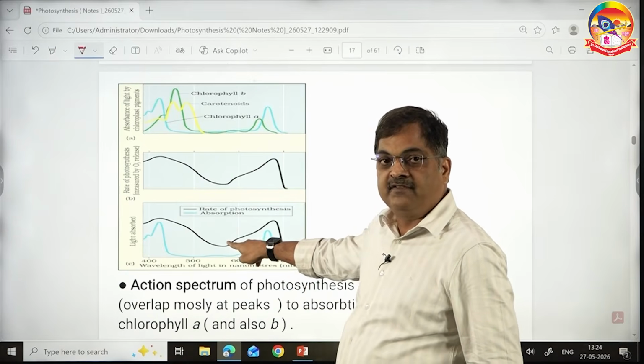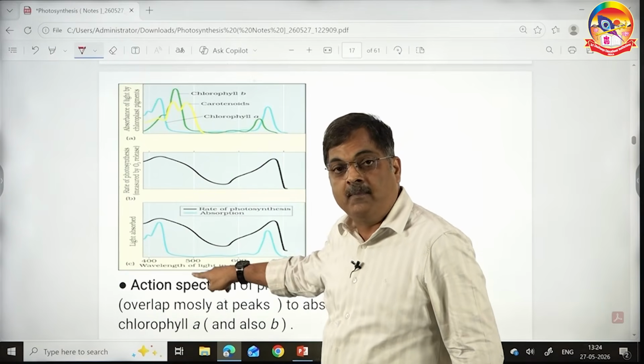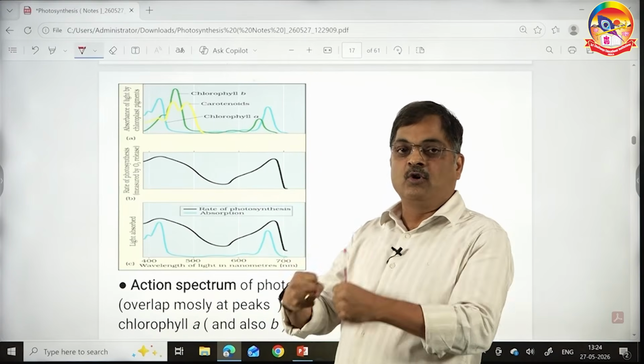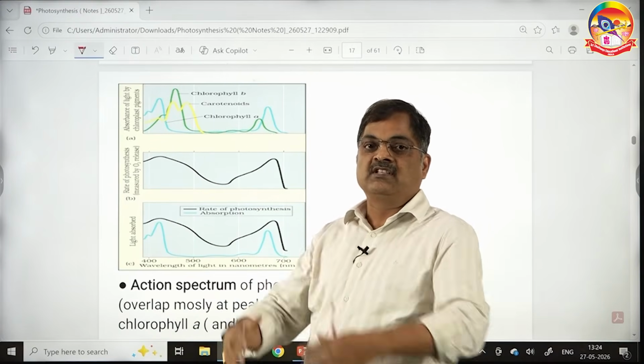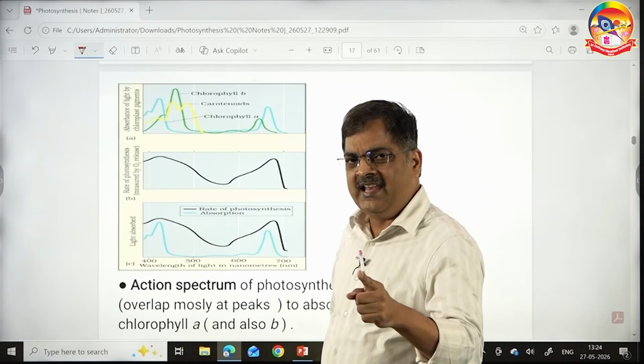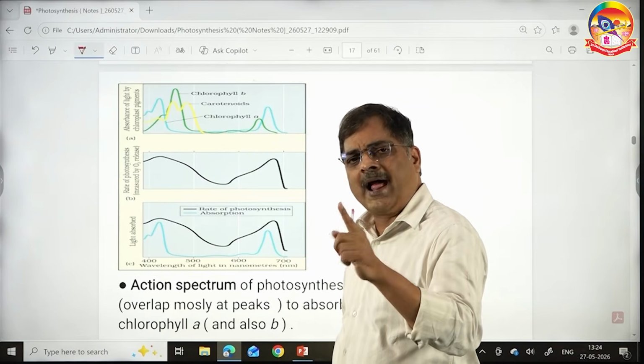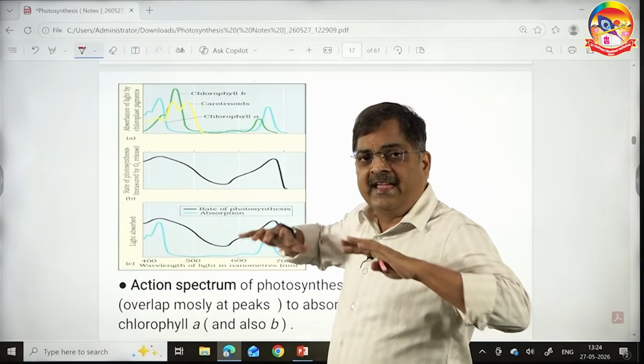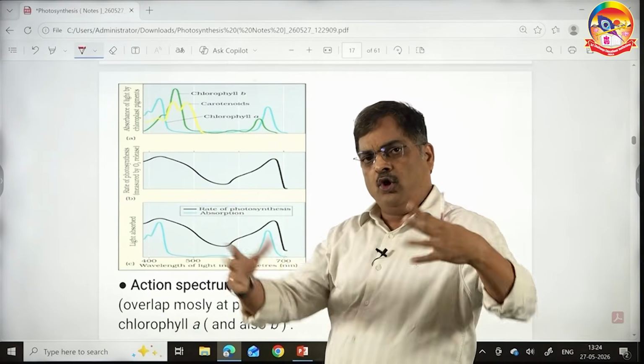But look at rate of photosynthesis. It is not dropping to zero. What does it mean? Other pigments are there which holds and allows photosynthesis to take place. So telling that peaks overlap to some extent is right. Telling that it is not exact one-to-one overlap is also right.